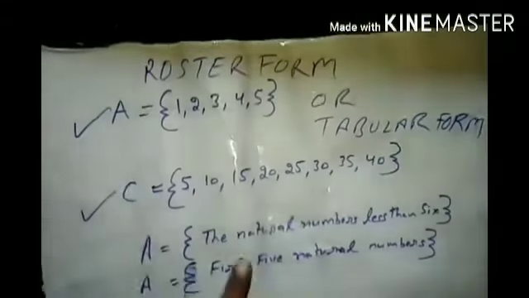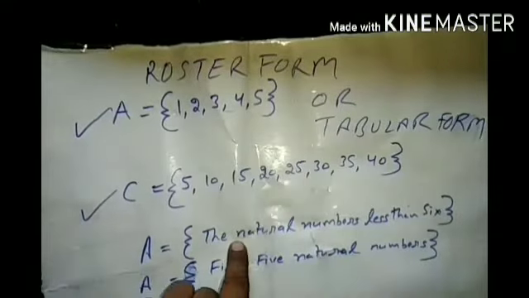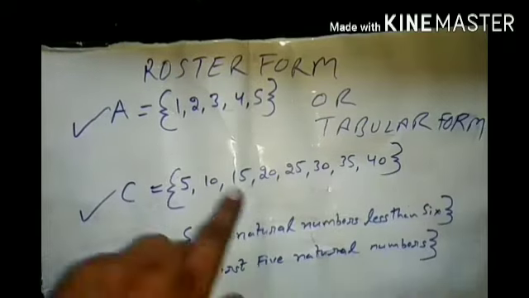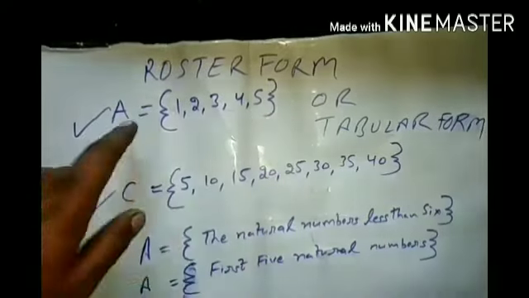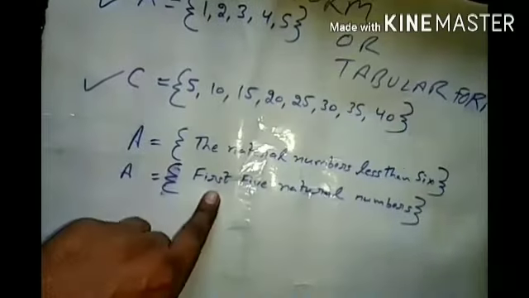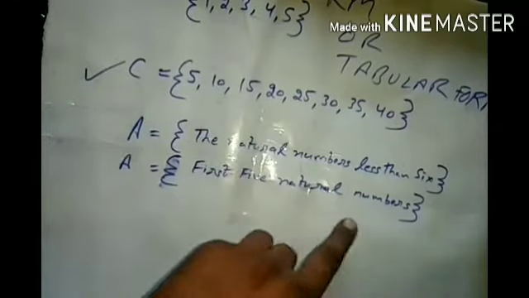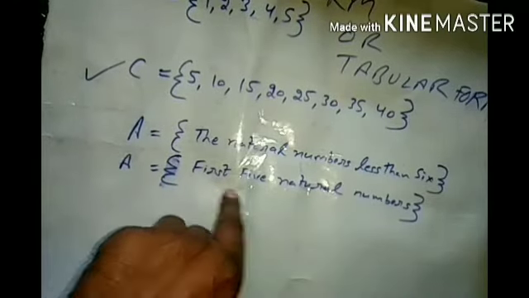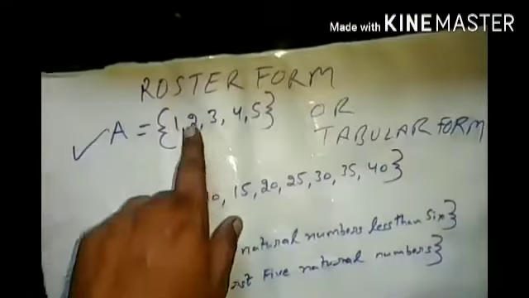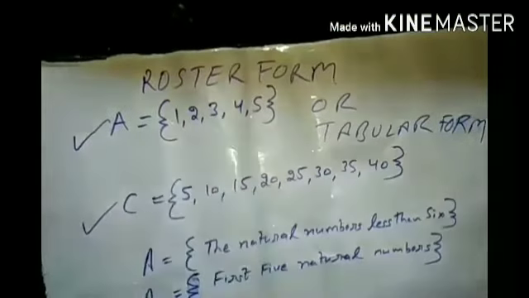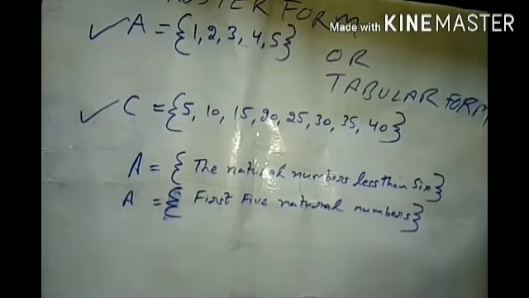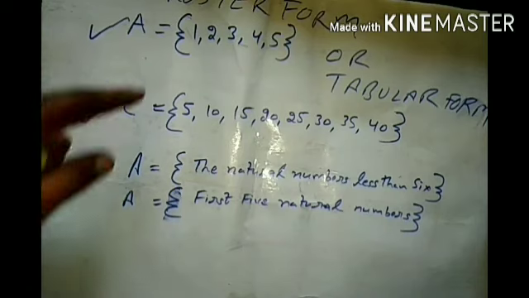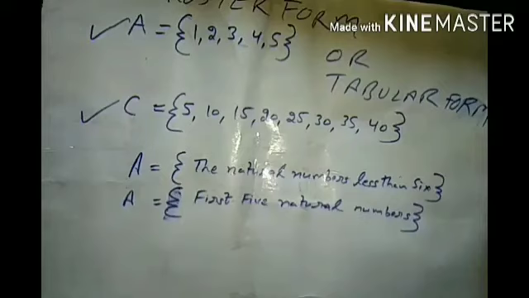Here the line "natural numbers less than 6" is stating the property of all this collection of set A. And in another way, "first 5 natural numbers" is also stating the property of all the members of set A. So this rule is called the description method of representation of a set, and the other is called the roster form or the tabular form of the set.